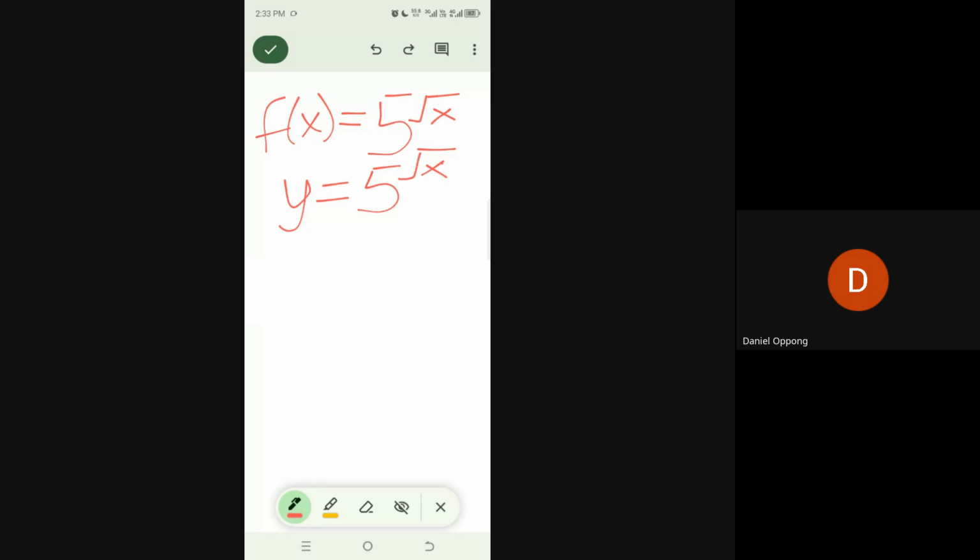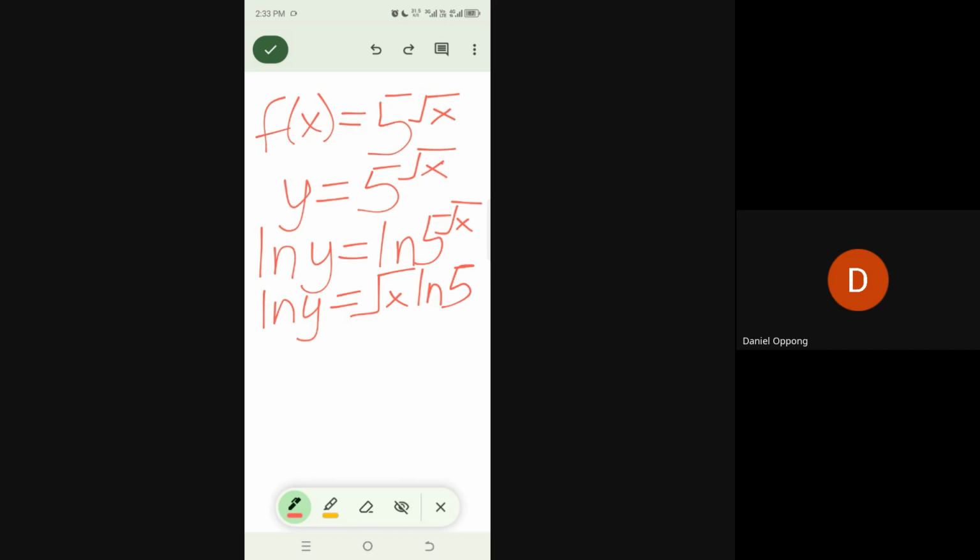Here you're finding the derivative, not the inverse. So you find ln of both sides. After finding ln of both sides, on the right hand side you apply indices, and you get root x ln 5.